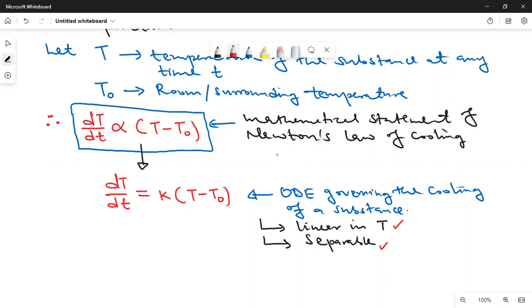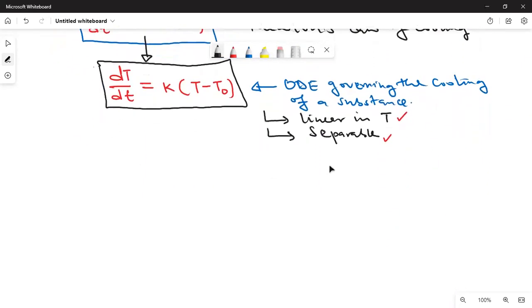You will still get the same answer. So every time you are told that a substance is cooling, think of this ODE. That is the one that you need to solve.